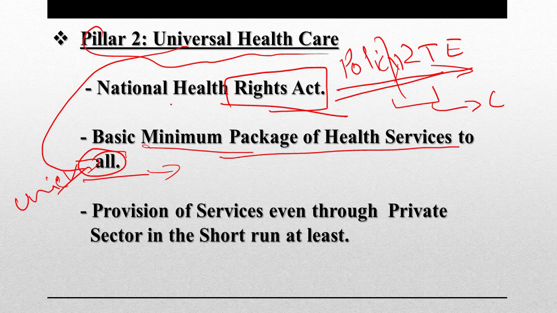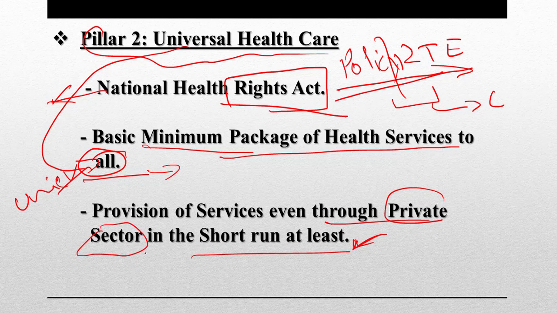National Health Rights Acts also give the basic fundamental health commitments to all the citizens without any distinction. The third point is provision of services even through the private sector in the short run at least. So when we are talking of universality, even where hospitals are not available in the public sector in some areas, we would ensure the provisioning of health services through the private sector, taking the help of the private sector.